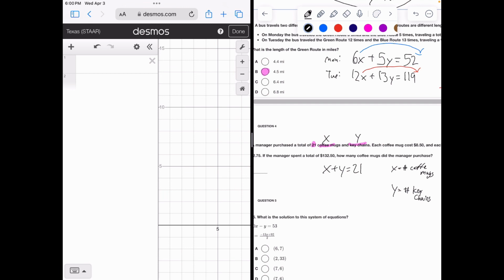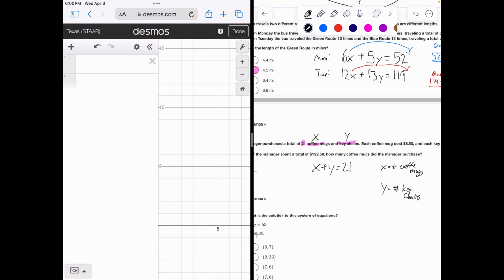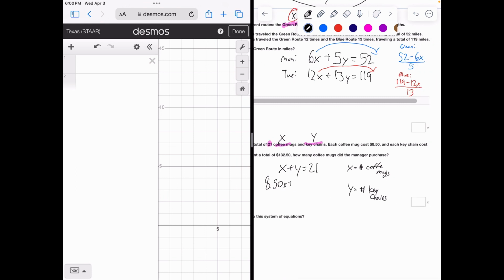Then we're just going to take a look at the costs now. Each mug is $8.50, so write that down: 8.50 for every coffee mug, every X. Plus, each keychain is, how much is that? Come on, bring it back.